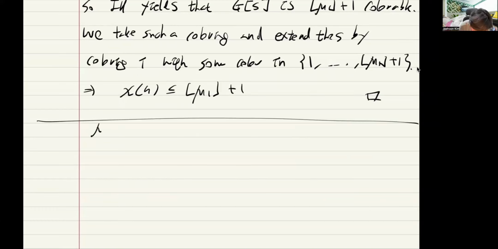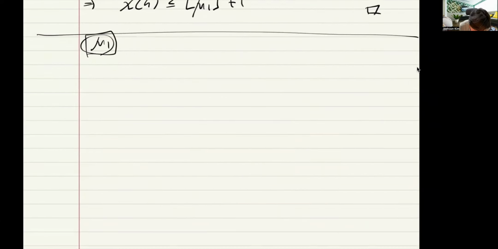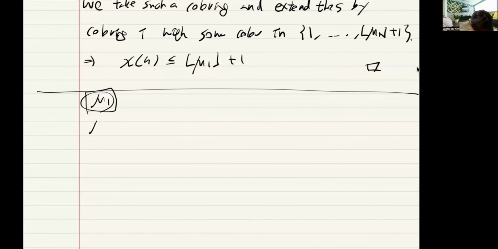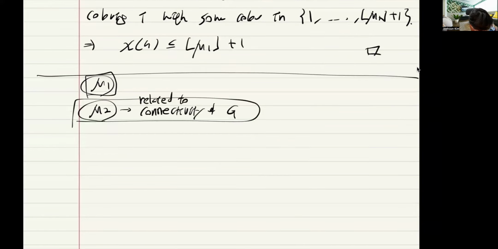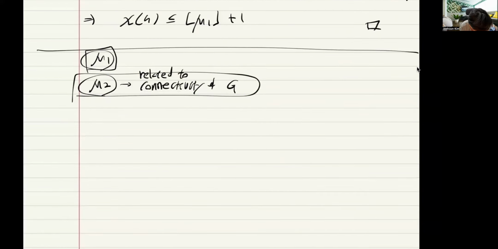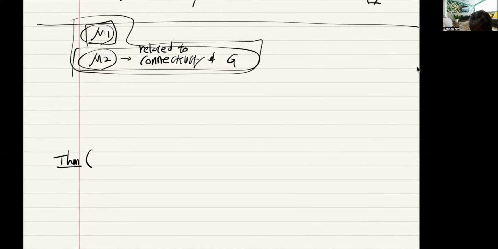So this mu1 is related to how dense the graph is. And this mu2 is related to some connectivity of G. It's not the same, but related. How? The following theorem gives you that. This is a theorem called the Perron-Frobenius theorem.